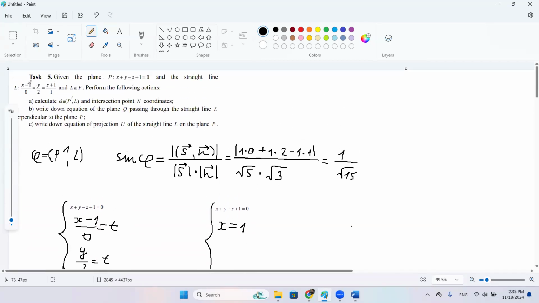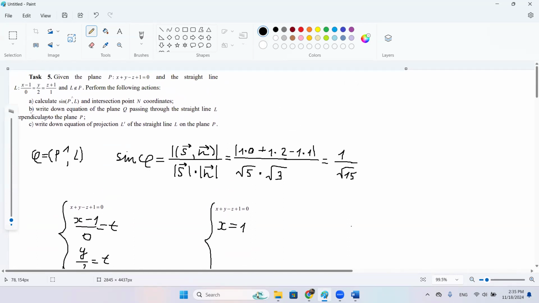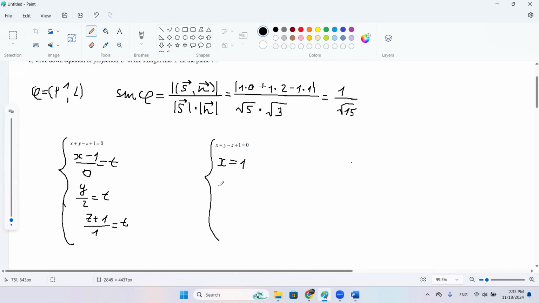So x always equals 1. Each point on this straight line always has x coordinate 1. And that's it, so no division by 0.